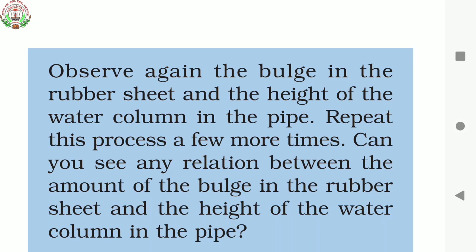So there will be a change in the bulging of the rubber sheet. Another activity is given in your book. You just go through that one. Activity number 9. I will explain one more activity. That is activity number 10.